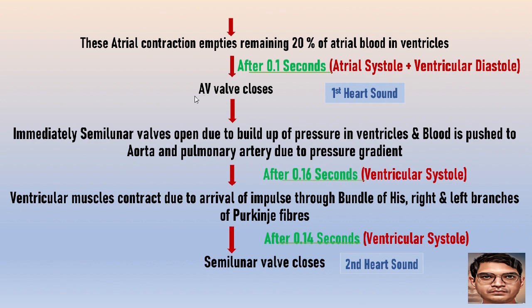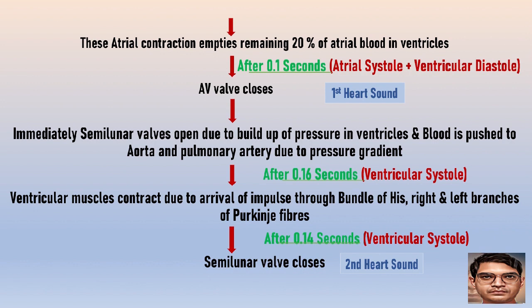There is no role of ventricular muscle contraction yet. After about 0.16 seconds of opening of semilunar valves, ventricular muscle starts contracting as the impulse that has started from SA node to AV node to bundle of His and right and left branches of Purkinje fibers has reached up to the ventricular muscles.